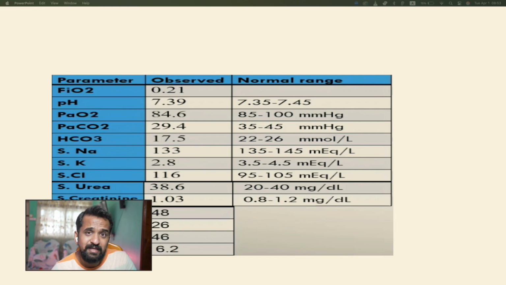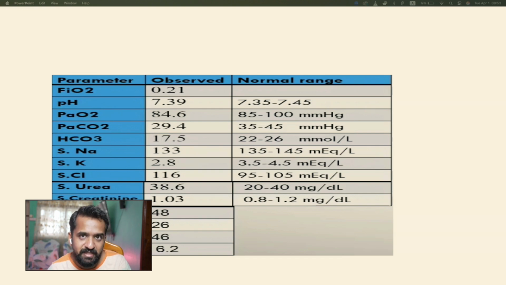Now we are going to calculate the anion gap. Let me take out my calculator. The anion gap is sodium, which is 133, minus, in brackets, your chloride, which is 116, plus your bicarb, which is 17.5, and you have an anion gap of less than zero, a negative anion gap, it is 0.5.